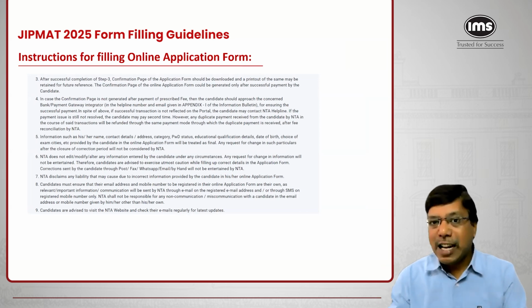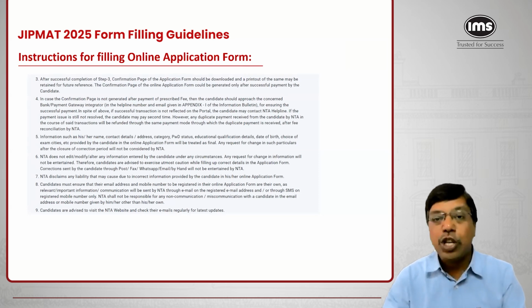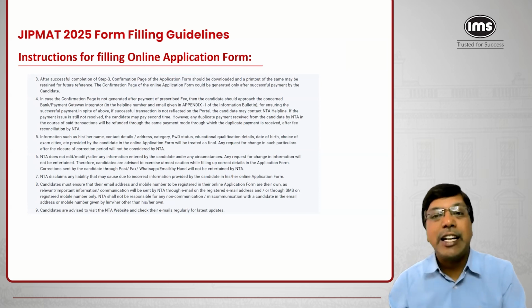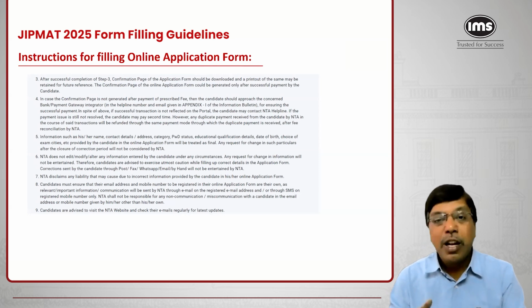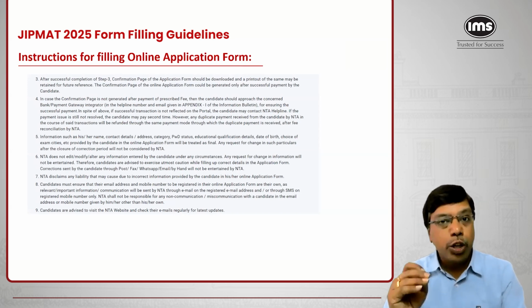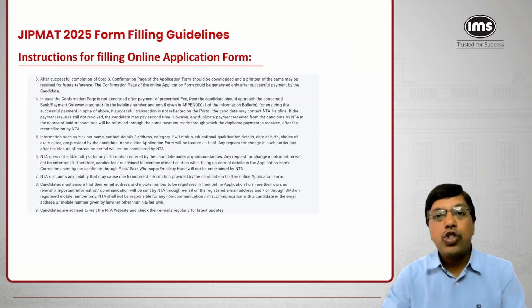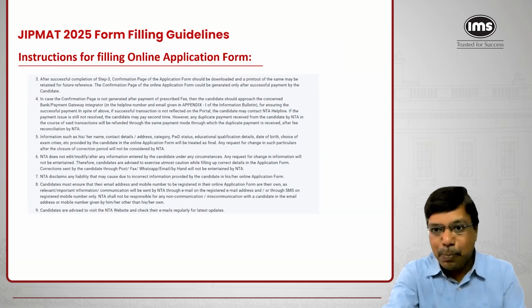Though there is a correction window that opens for 3 days after the application deadline is completed, you will not be able to change any of the primary details like your name, date of birth, email ID, mobile number, category, etc., as mentioned in the guidelines here. So please ensure that you read all these guidelines and instructions without fail so that you'll be able to fill up the form without any mistakes.